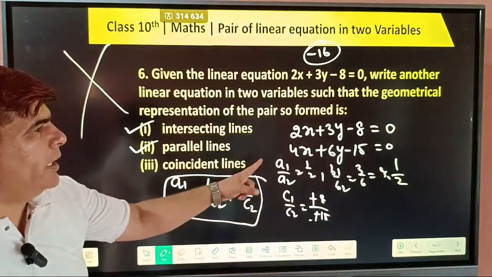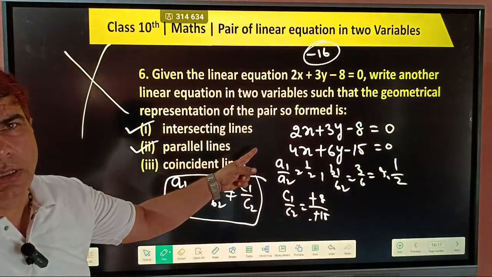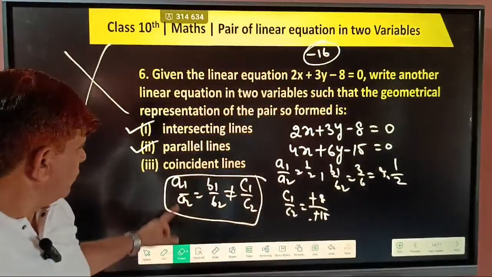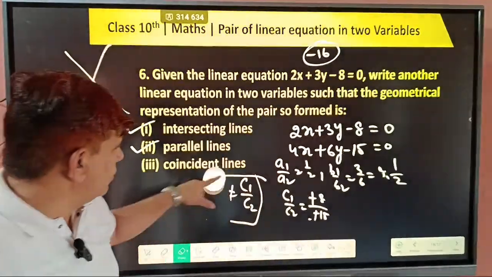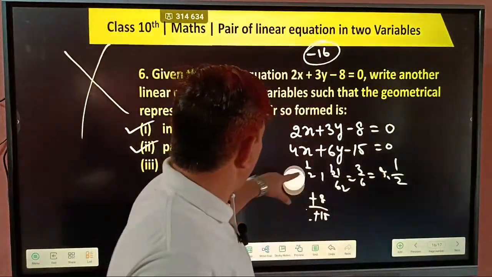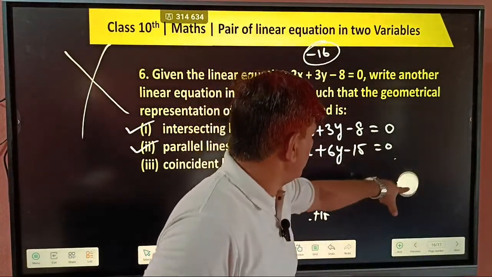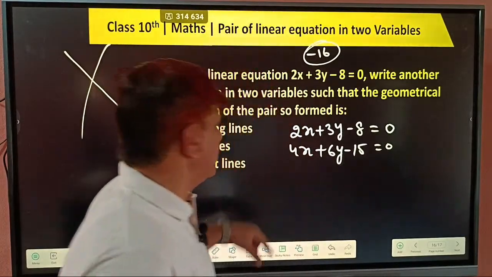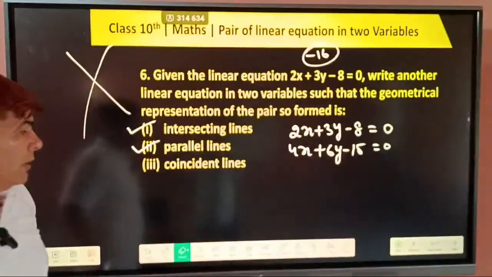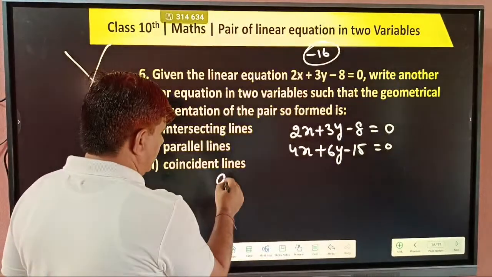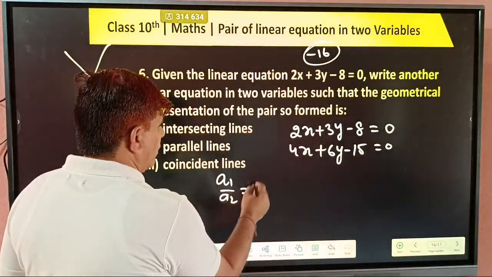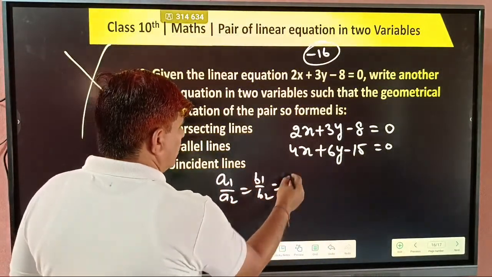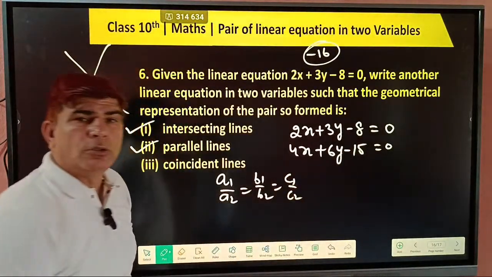Got it? How many exist? Same answer, infinite. If you understand this, you can easily solve it, no problem. The third one is given like this: coincident lines, where one line is lying upon the other. So what's the condition in that case? A1 by A2 equal to B1 by B2 equal to C1 by C2.